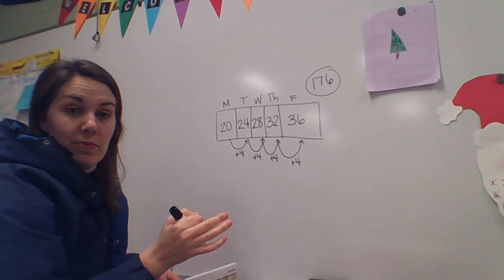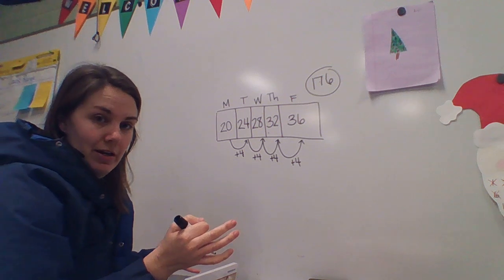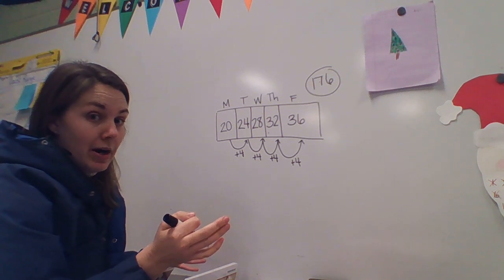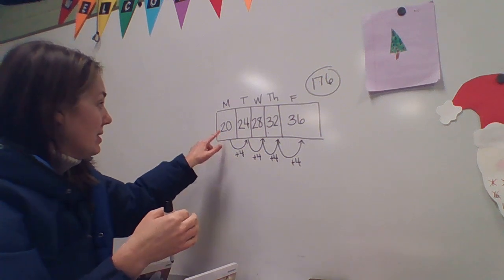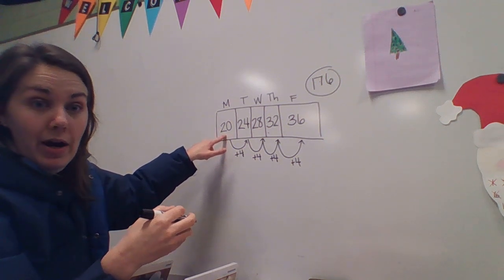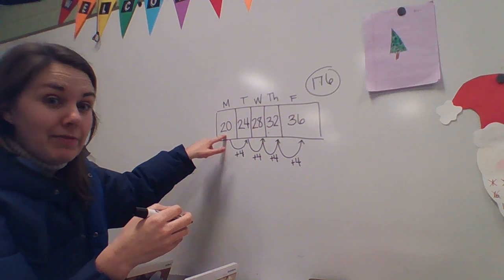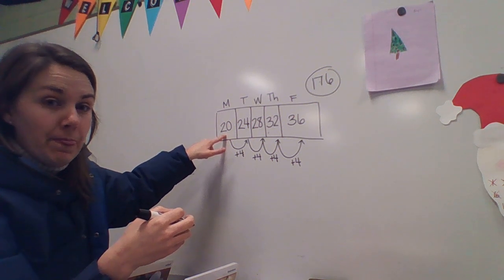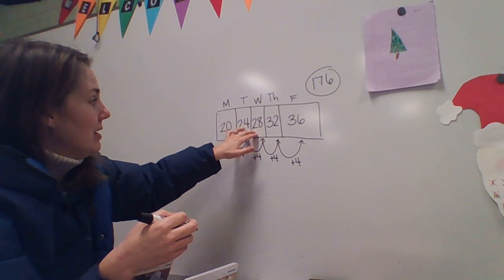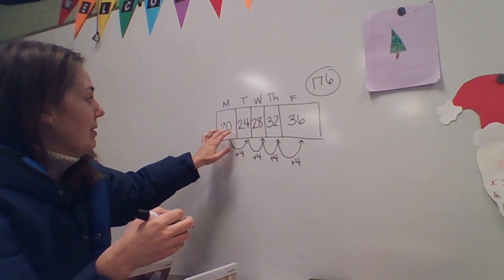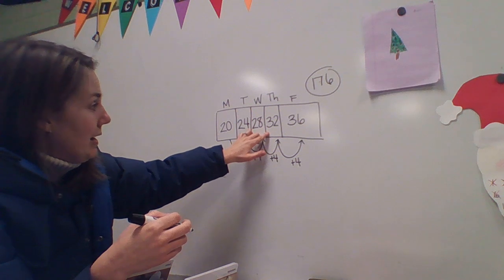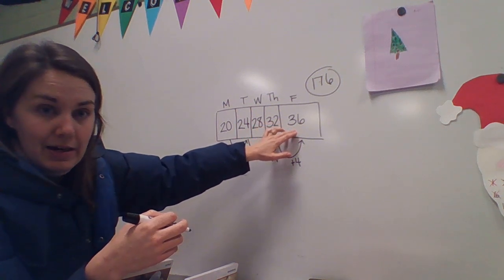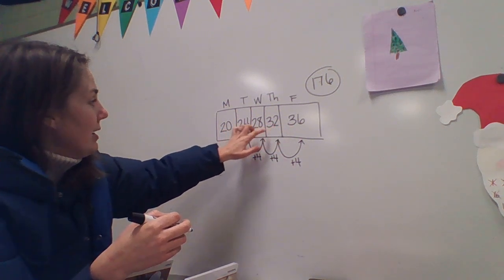Now you may also be noticing that we're also talking about multiples, the product of times 4, right? So each time we're adding 4, we start off with the product of 5 times 4, right? 5 times 4 is 20. And then if we look at each of the next days, that would be like saying we have 6 times 4, 7 times 4, 8 times 4, 9 times 4 to get the product that would be here.